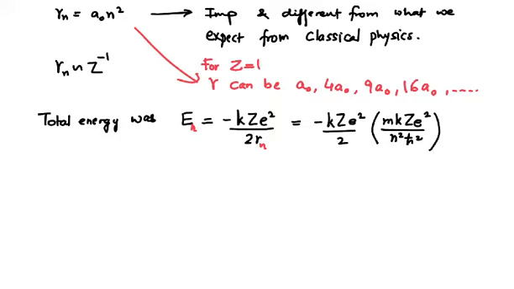Also, it's important to note that the Bohr radius a naught for hydrogen, for which the atomic number Z is 1, corresponds to the orbit radius with n equals 1. The smallest Bohr orbit possible for an electron in a hydrogen atom, that is a naught.